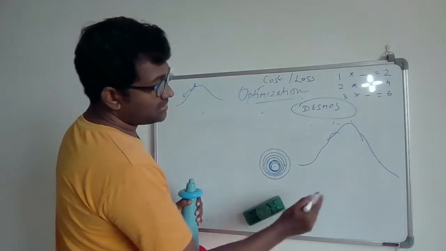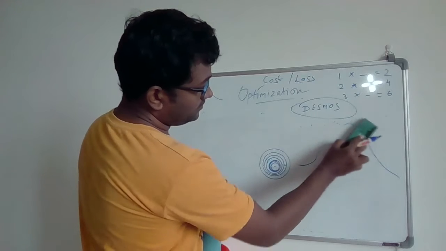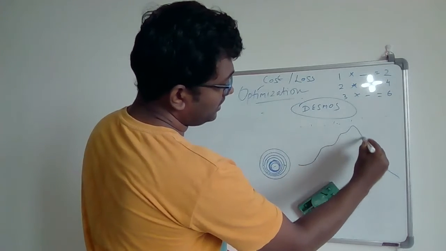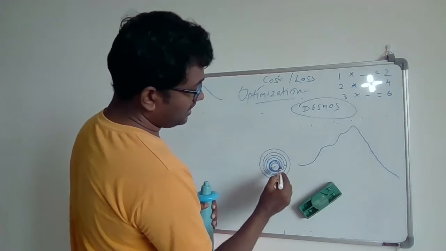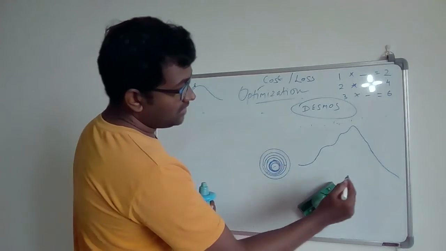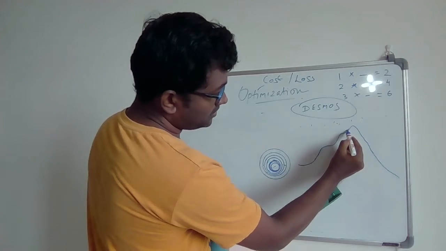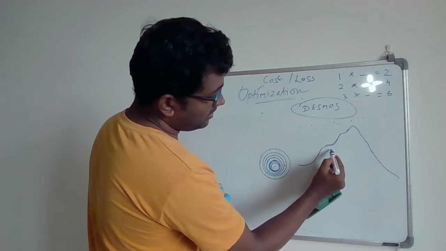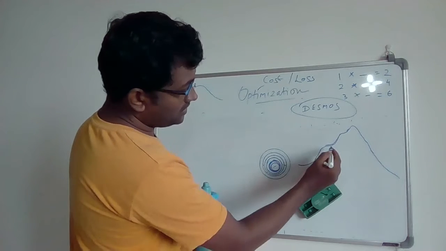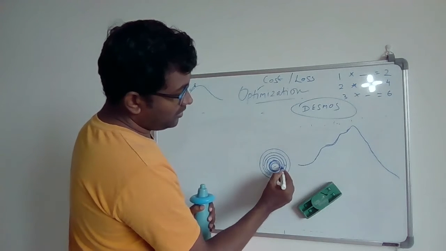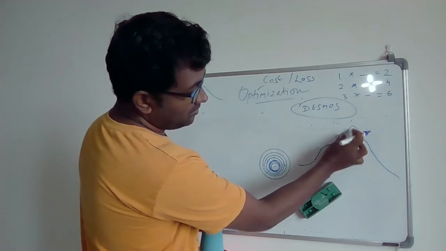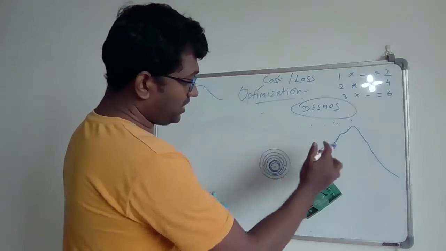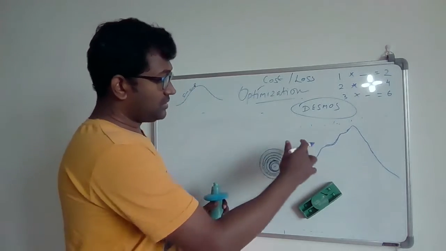So here the slope might be low, then high, then low, high. You'll have variations in the width between the circles. Here the slope is steep, here it is steep, then the slope is low. In this case, the difference between the level curves will be small, and where the slope is steep, the gap will be more. That's how you can connect this toy example with level curves.